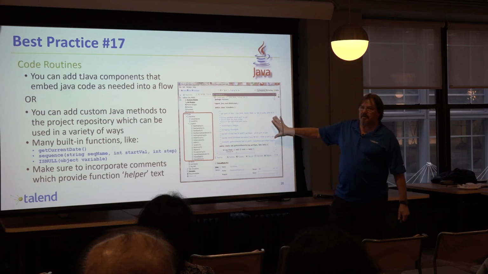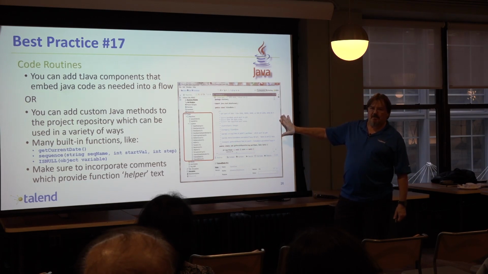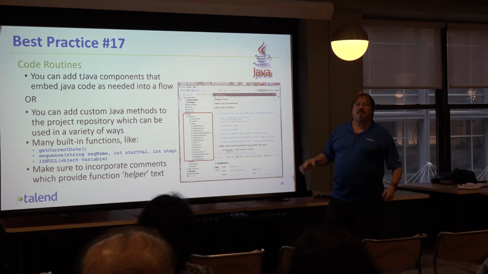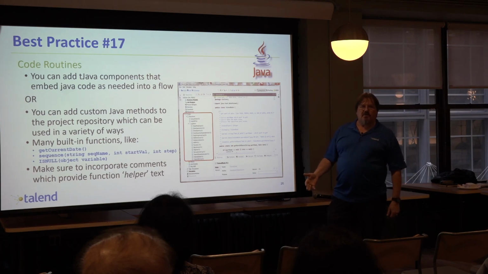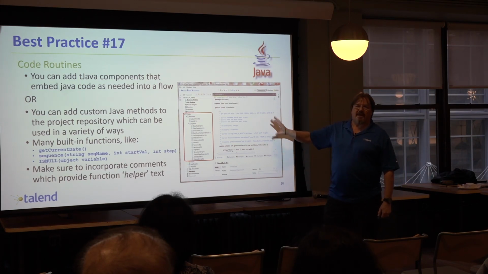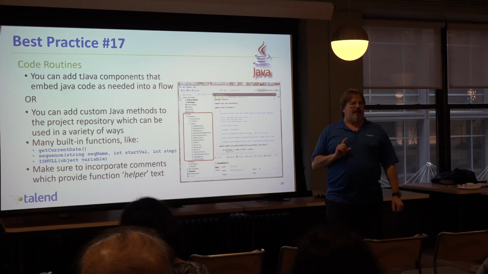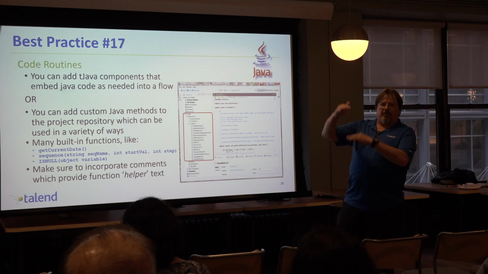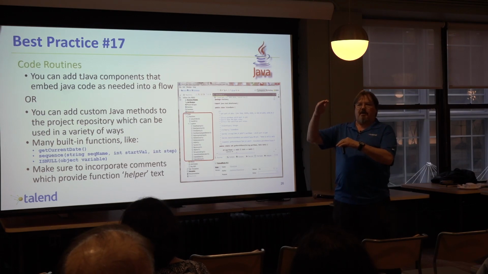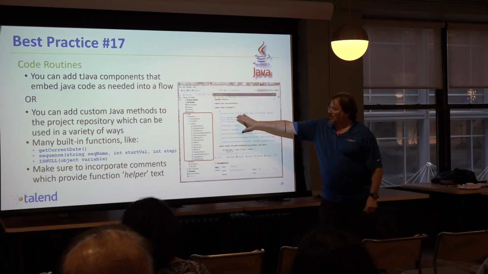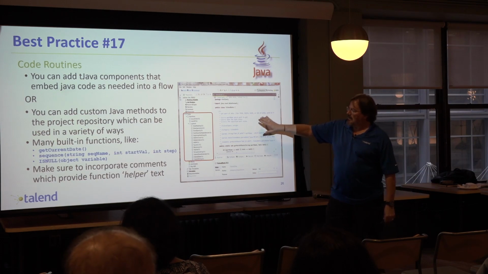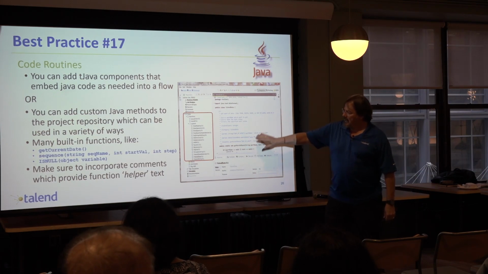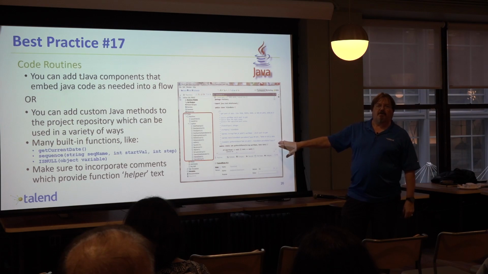Now, what you do is you add that code to a file inside your code routines, and there's a section here at the top that is the comment section that you should adopt a guideline on how you want that scripted, because this will show up as your helper text to your programmer. When he's trying to pick the right method in the little pop-up window, the helper pop-up, it'll tell you what the purpose of the method is, what the parameters are, their data types, and an example of how to use the method.